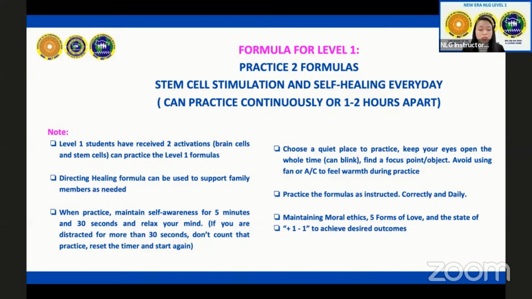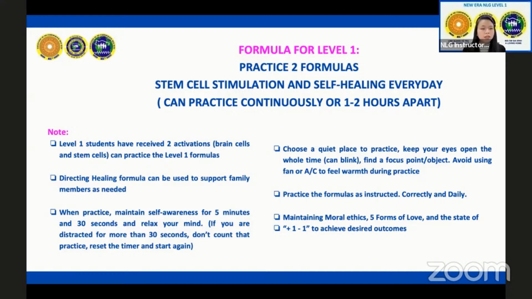Now, if you are distracted for more than 30 seconds, don't count that practice. Reset the timer and start again. What it means is distracted as in when you start to think about something else.